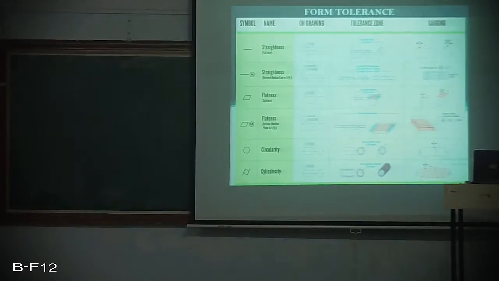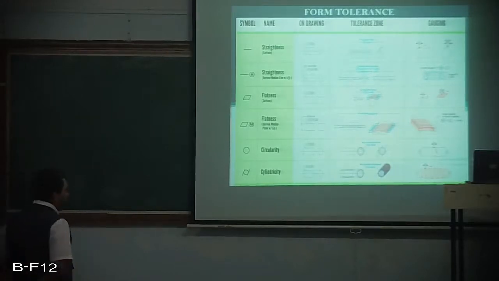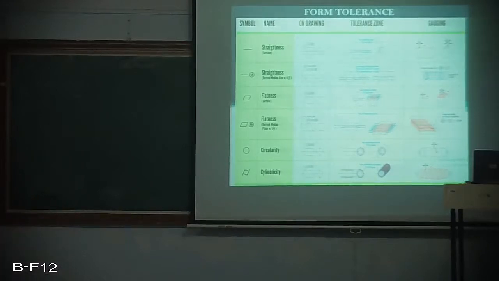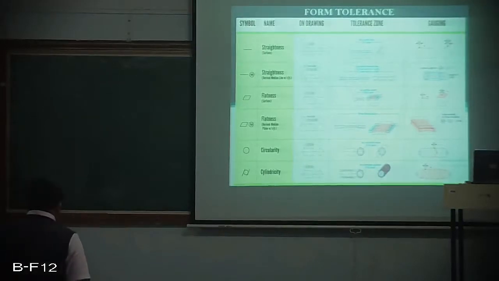Straightness we have discussed. Why we use the straightness symbol? Because if you want to control a line or an edge of any part, we'll discuss it further. And flatness, why use flatness?